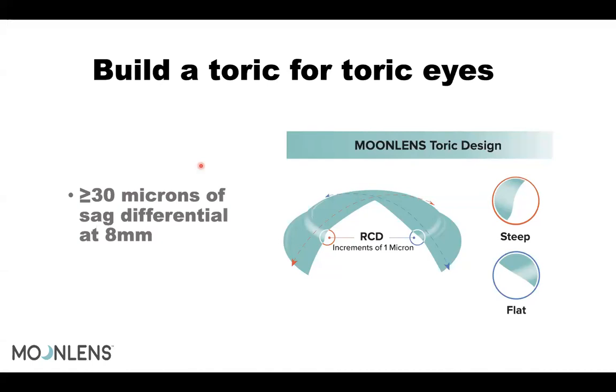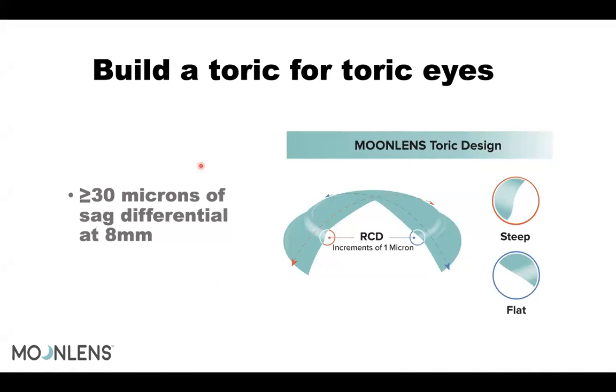So I do want to talk to you a little bit about the parameters. This is an FDA approved lens, up to -5, the regular FDA approved parameters for Ortho-k, but we can fit with this lens and correct up to a -8.